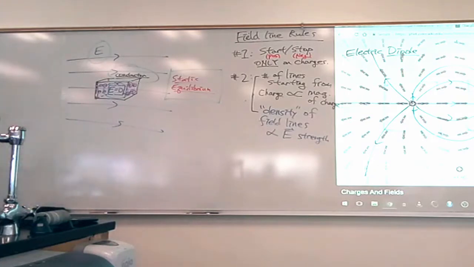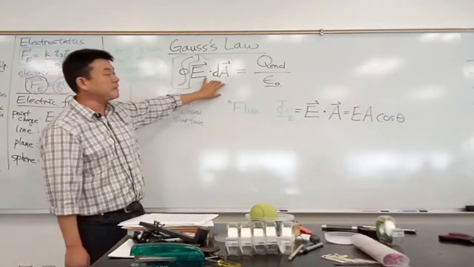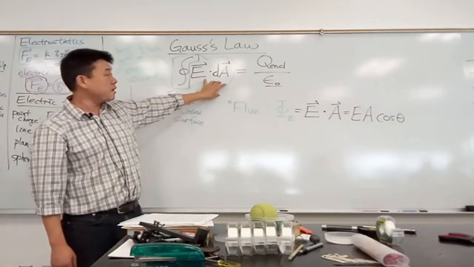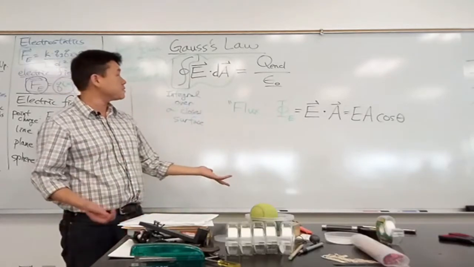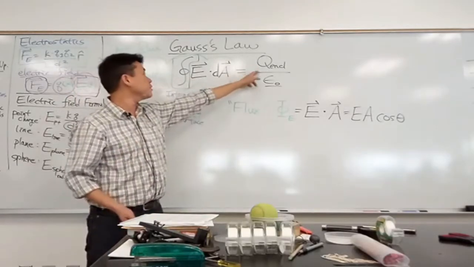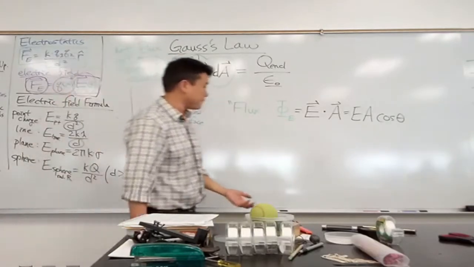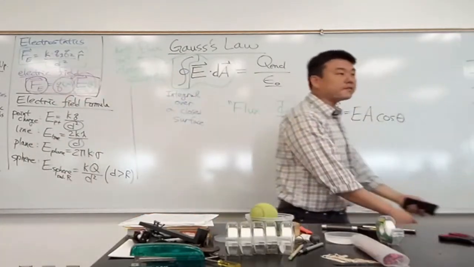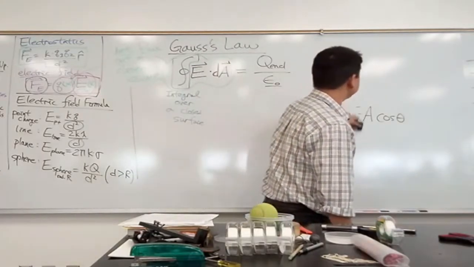Which means, let me illustrate Gauss's law with the simplest possible situation. The simplest possible charge distribution which can be producing an electric field. So somebody suggest, what do you think is the simplest charge distribution you can imagine?